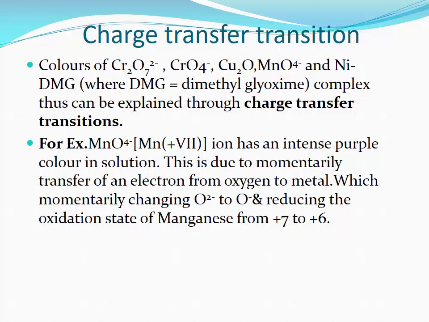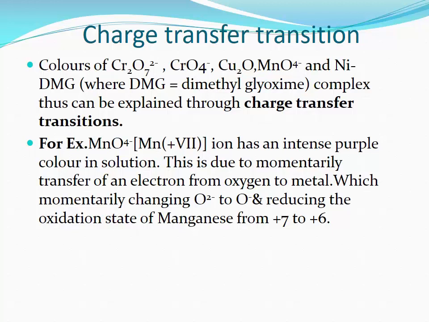Still they are colored. For example, the color of Cr2O7 2-, CrO4 2-, Cu2O, MnO4-, and the Ni-DMG complex, which can be explained through charge transfer transition.